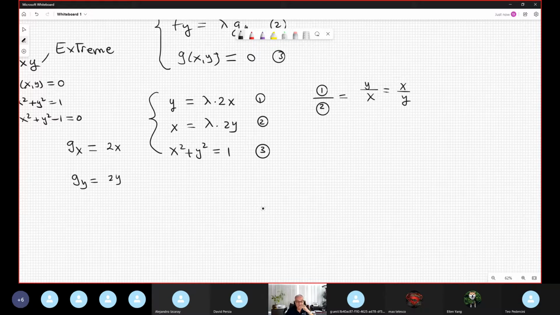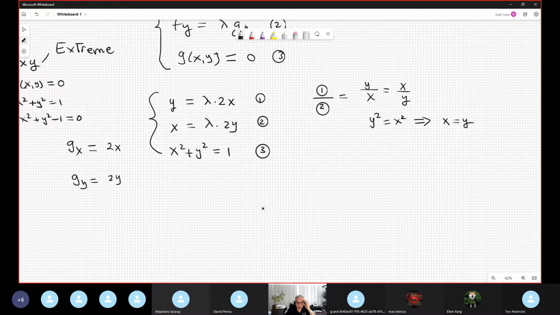Wow, it's an easy equation. Cross multiply: y squared is equal to x squared. Therefore, I can infer that x is equal to y. The point that satisfies our system is when the x and y components are the same.